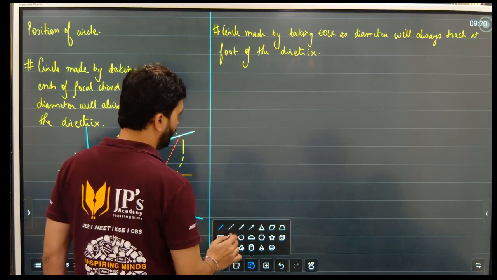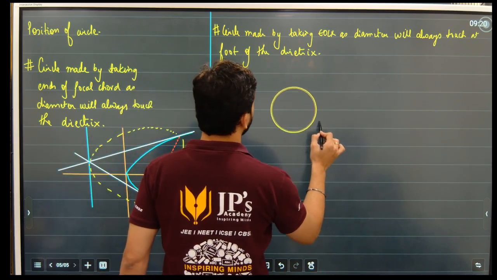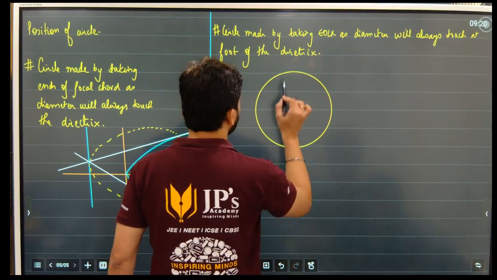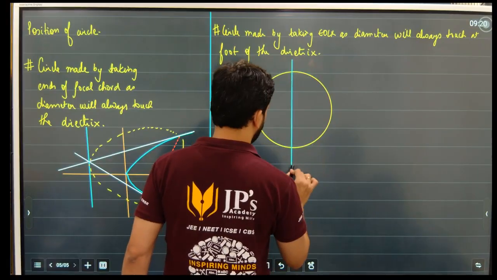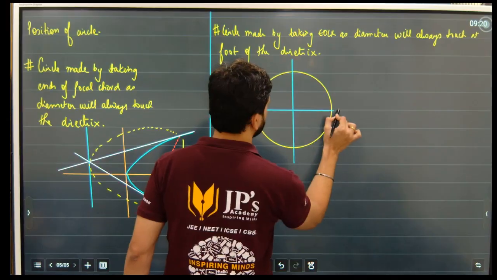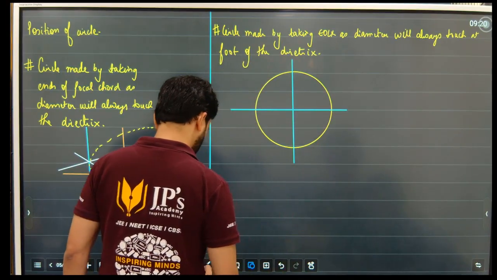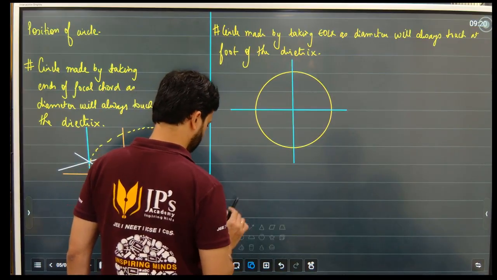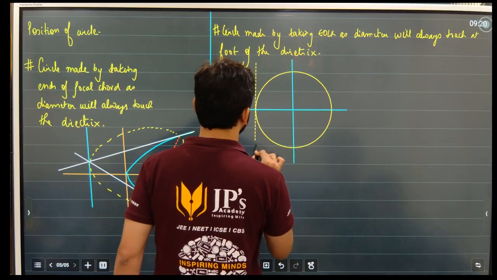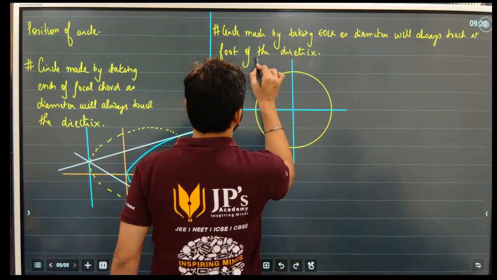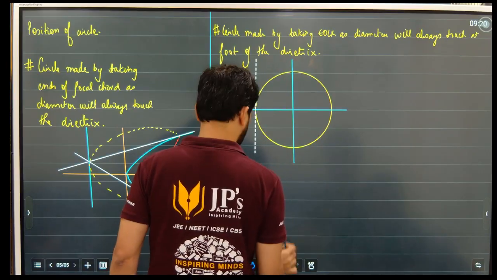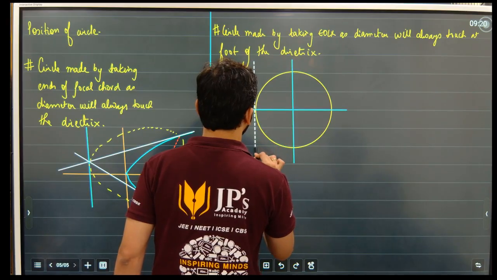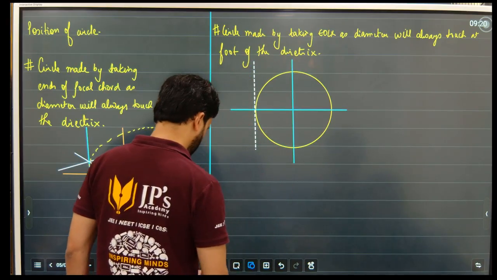So if I have to make this, say for example, पहले सर्कल ही बना देते हैं. ऐसा बना दिया, ऐसा बना दिया. यहाँ पे बना दिया foot of the directrix. This is foot of directrix.